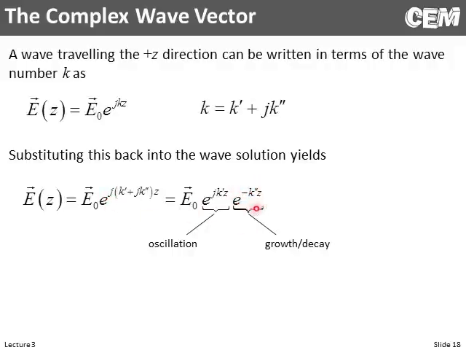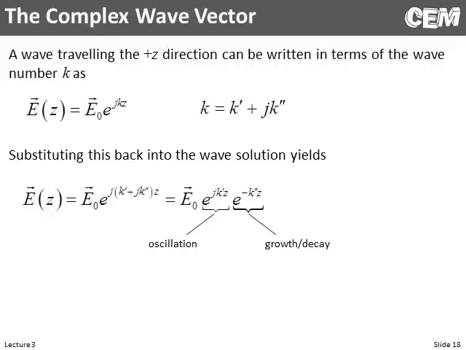So what we can see is that's decay, right? Or growth if there's gain. So the imaginary part of k is exclusively responsible for decay, and the real part of k is exclusively responsible for oscillation, being a wave.